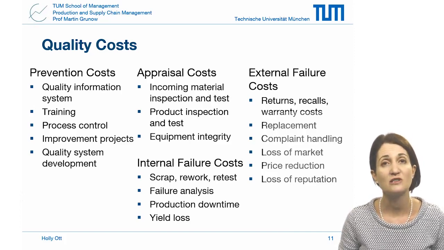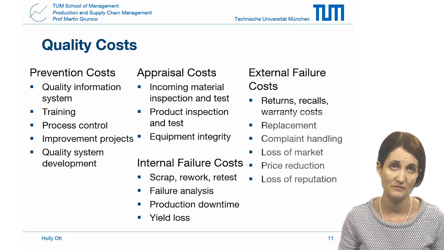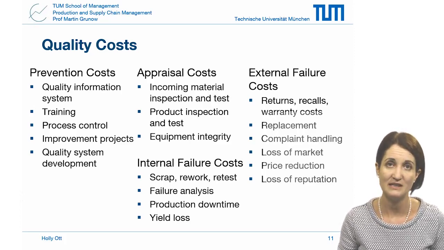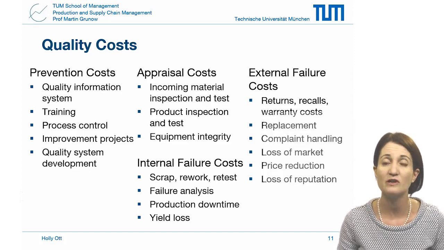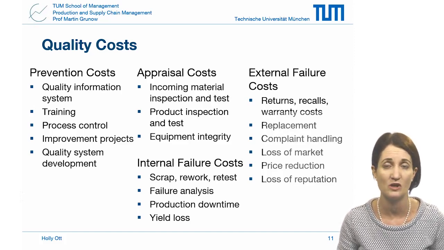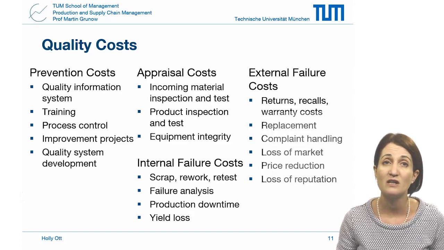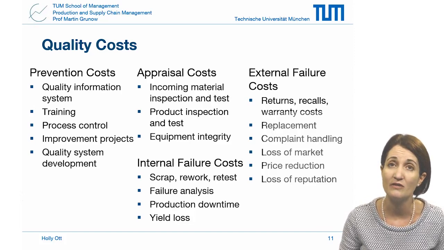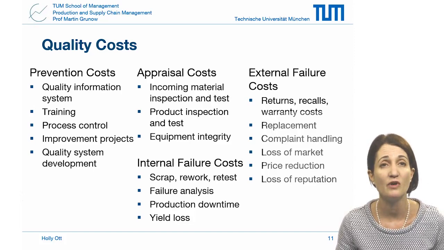And then finally, external failure costs. And this is where we go back to Warren Buffett's quote. What can this mean? This is often underestimated. This can be a huge cost. We have the cost of returns. We have the cost of recalls. We have the cost of warranties, replacements. We have the cost of loss, and beyond that, of loss of customer confidence, loss of market.